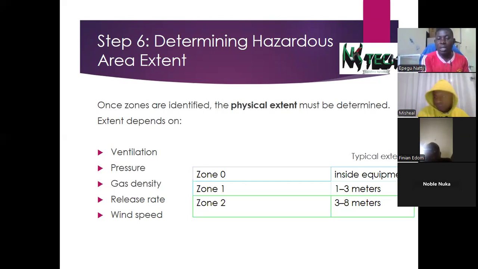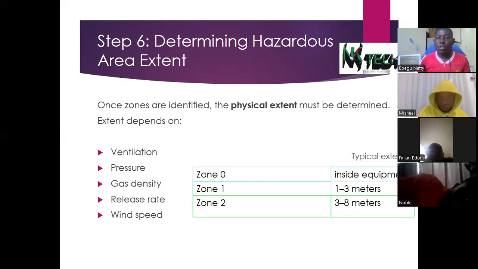Instead of 3 meters, it might extend to about 4 or 5 meters. So when you're carrying out your analysis and layout, also think about the wind speed of that region. If the wind speed is high, you can note it down: okay, the wind speed in this area is high, which is why I tend to extend my zoning to 4 meters for zone 1, and then maybe to 10 meters for your zone 2.